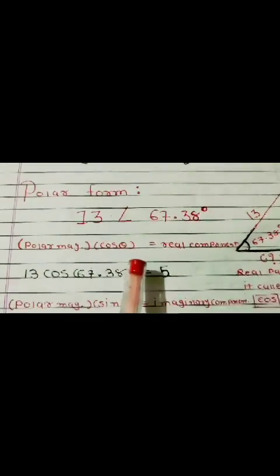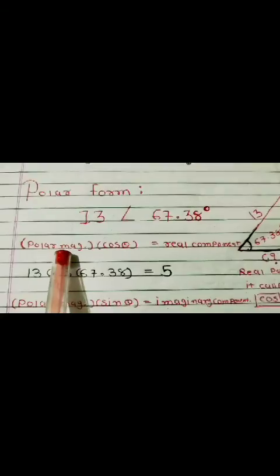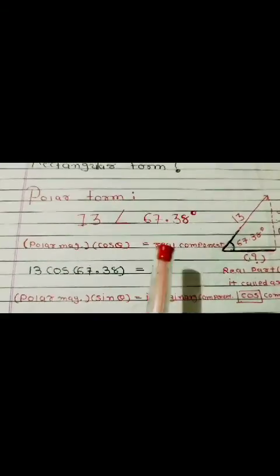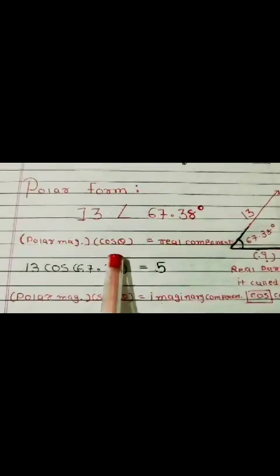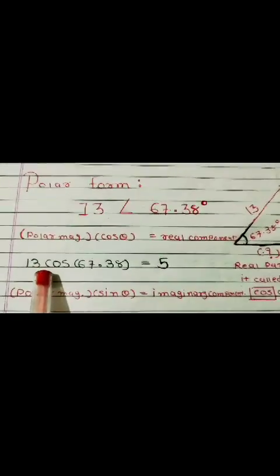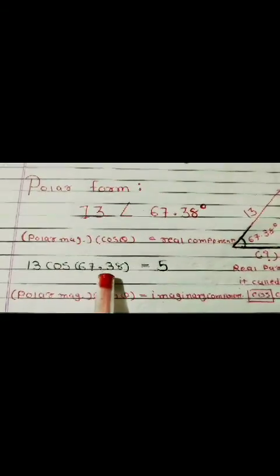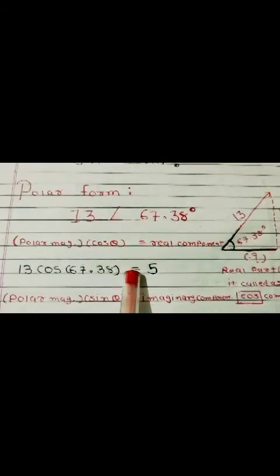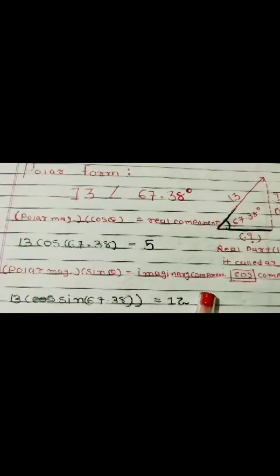The equation of the real component is polar magnitude into cos theta, equal to the real component. You can see this type of equation here also. So we can put in 13 cos 67.38 and you will get an answer of 5. Okay, so now we want to find the imaginary component.